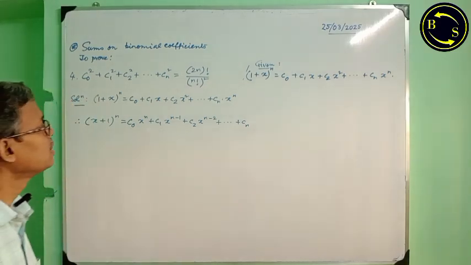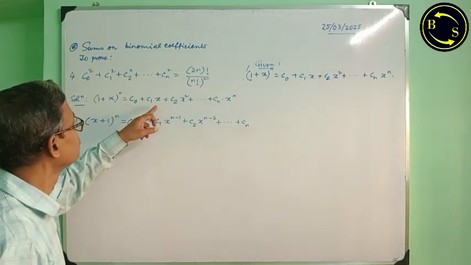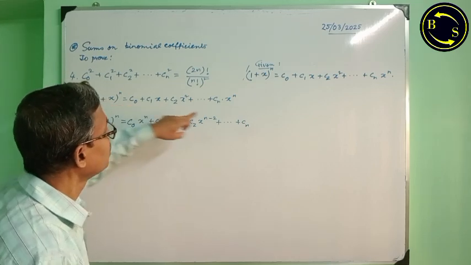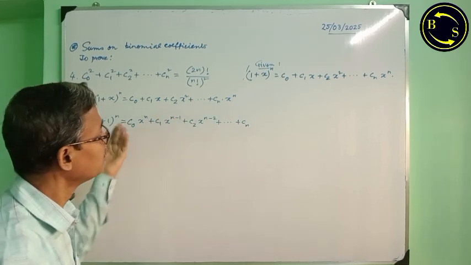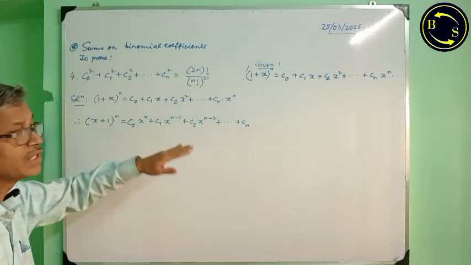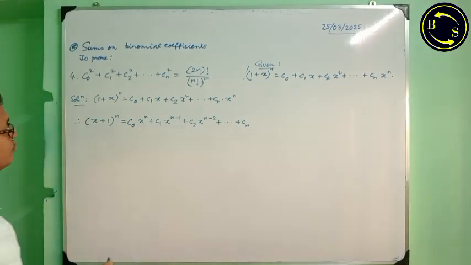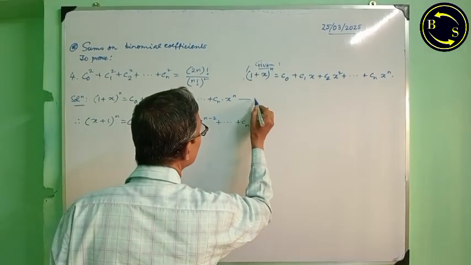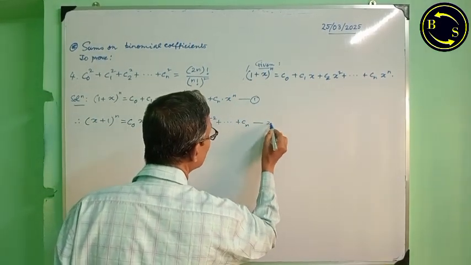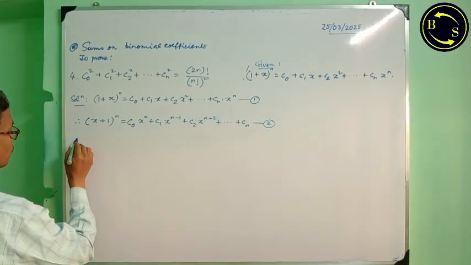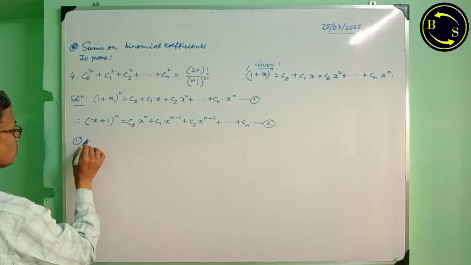Actually we are writing in reverse order, keeping the coefficients same. If I call this 1 and 2, now we multiply these two, 1 into 2.